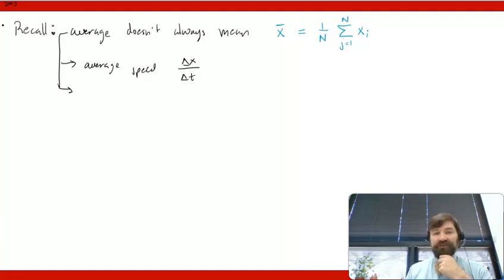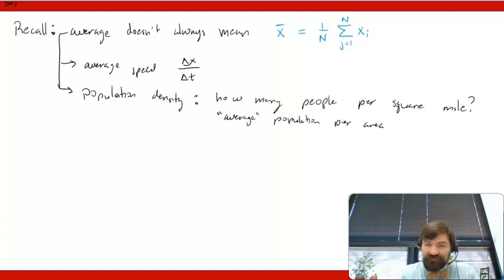There's also such a thing as population density. This is basically averaging population per unit area. High population density would be the middle of a big city, and a low population density would be out in the very rural countryside.